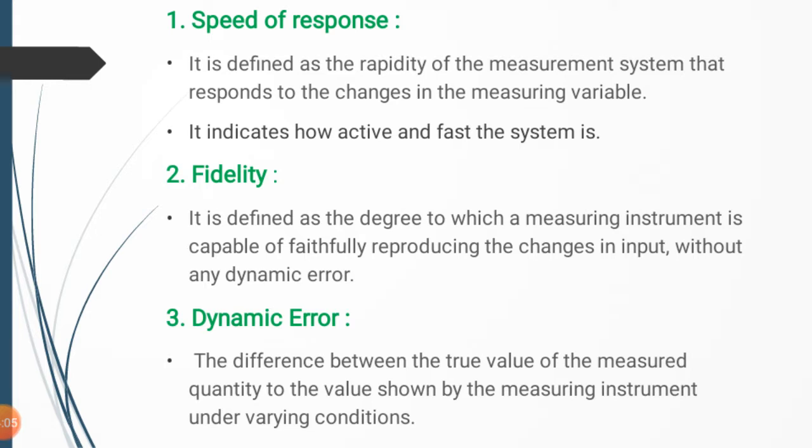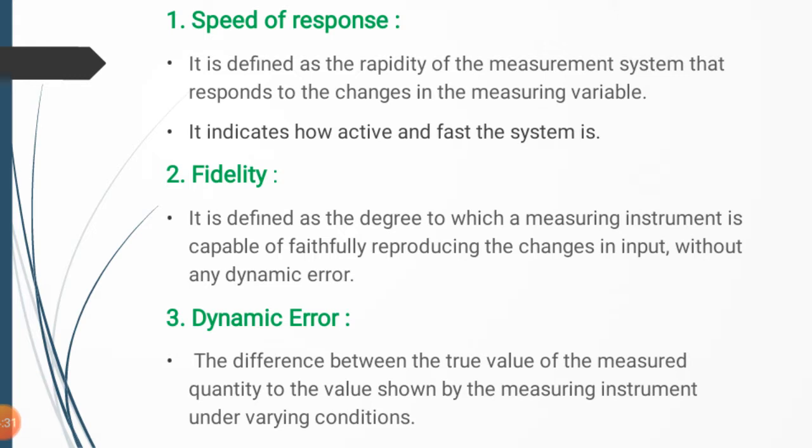If the speed of response is high, then the sensor is good. That means this sensor is able to respond immediately to the input, so that we will get output immediately after some processing. This is the speed of response.